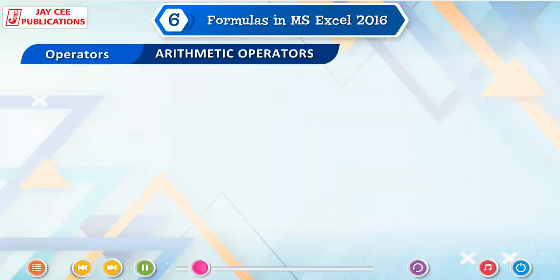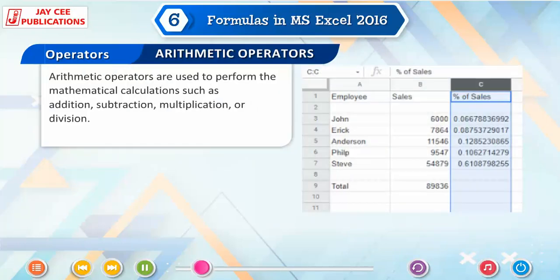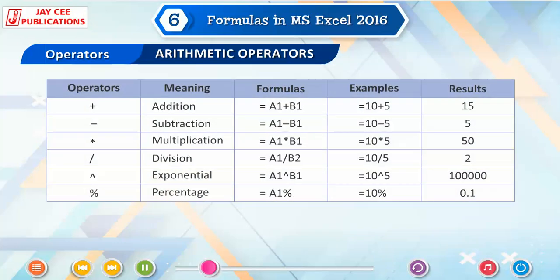Arithmetic operators. Arithmetic operators are used to perform mathematical calculations such as addition, subtraction, multiplication, or division. Plus, addition: =A1+B1, 10+5, result 15.